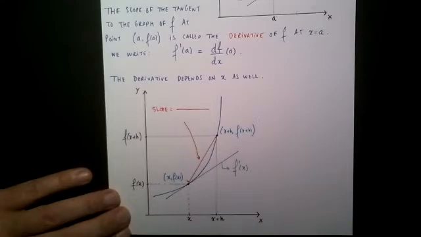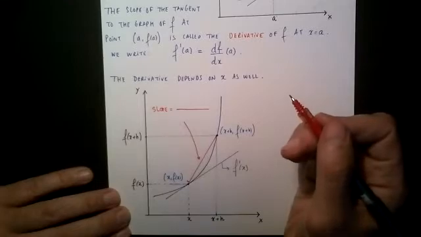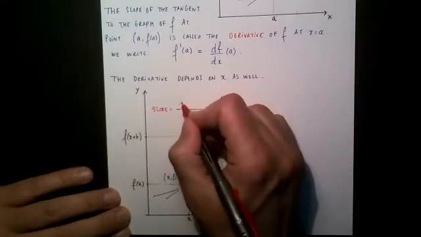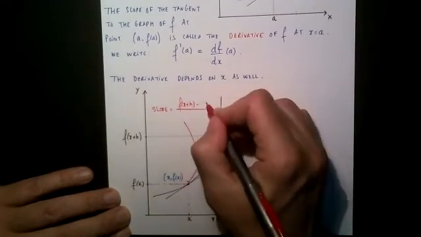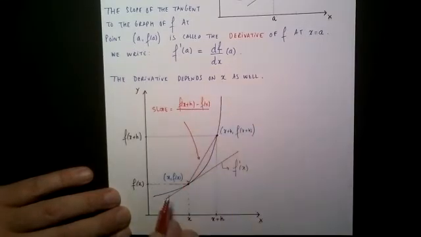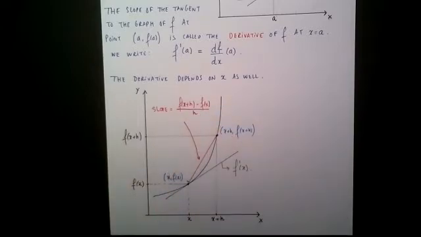F of x plus h minus f of x over x plus h minus x. Very good. So it's f of x plus h, which is y2, minus f of x, which is y1, over x2 minus x1, which is x plus h minus x, which is just h. Is this okay?